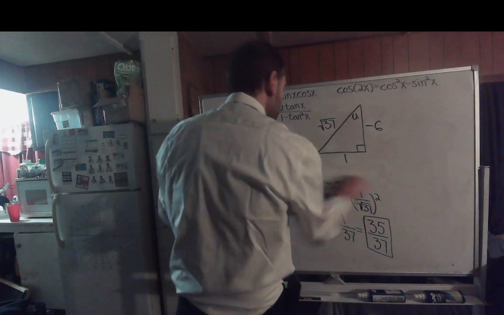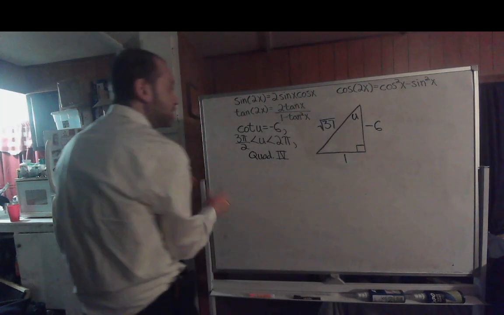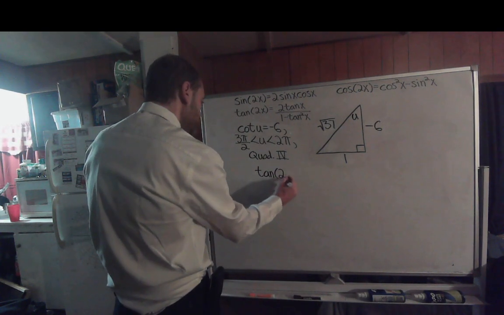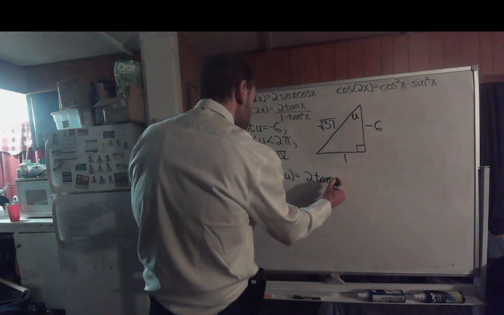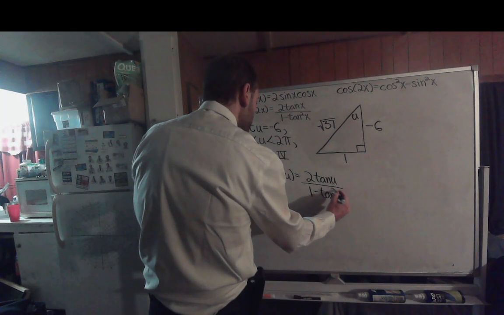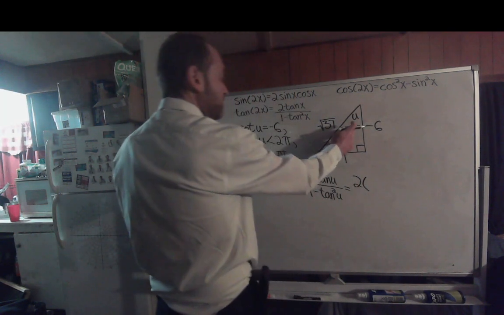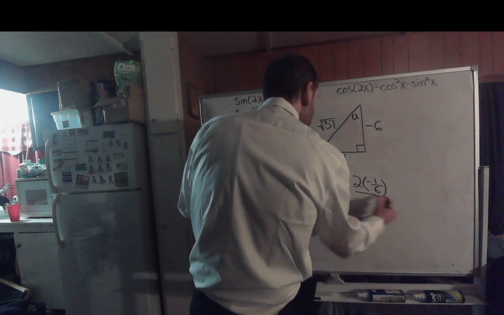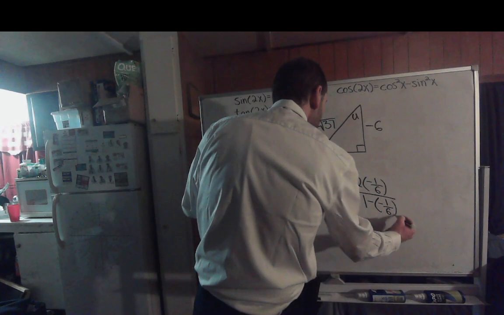And then last but not least, let's do the tangent of 2u. So the tangent of 2u, that of course is equal to 2 times the tangent of u all over 1 minus the tangent squared of u. So 2 times what is the tangent of u? That's going to be -1/6 all over 1 minus that negative 1/6 squared.